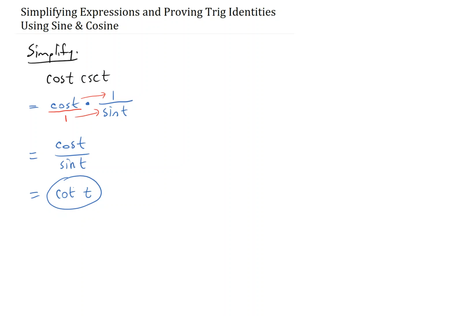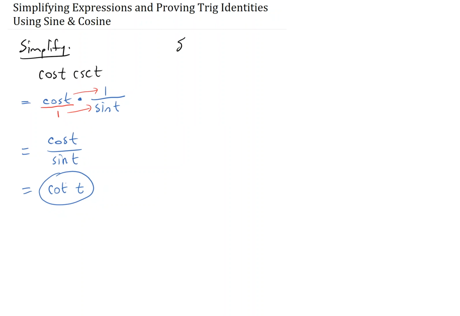Let's try another one. Let's say I want to multiply tangent of theta times cosecant of theta. Well, tangent of theta is sine theta over cosine theta times cosecant of theta, which is the reciprocal of sine, so it's 1 over the sine of theta.